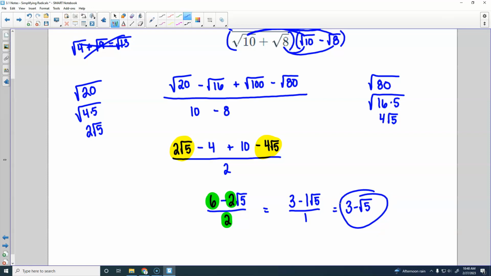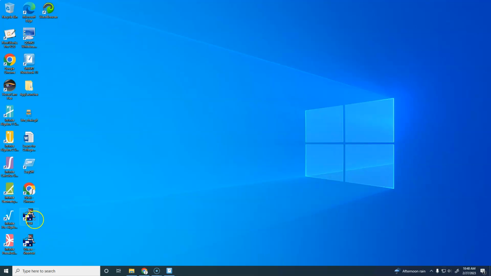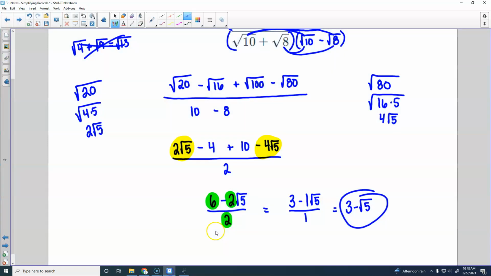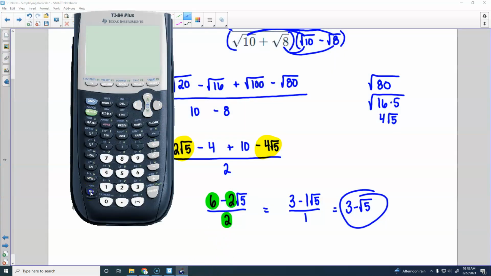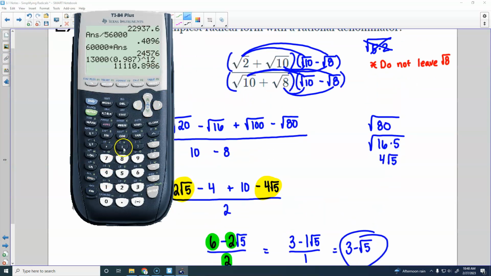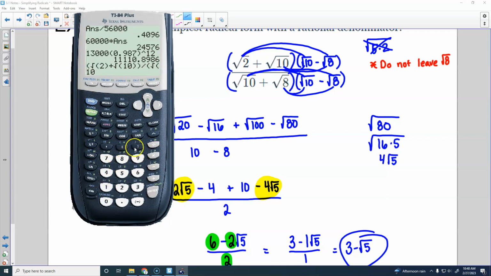Now, I also want to point out a very good way to check, and this does not guarantee you simplified it perfectly, but it will let you know if you made a mistake. So if I go back up here and I do my original square root of 2 plus square root of 10 over square root of 10 plus square root of 8, it is going to give me a decimal, right?